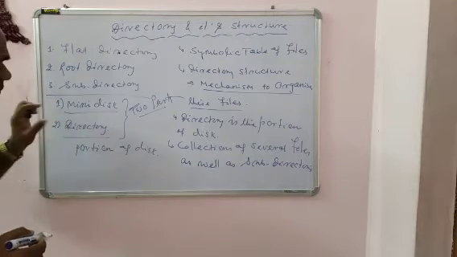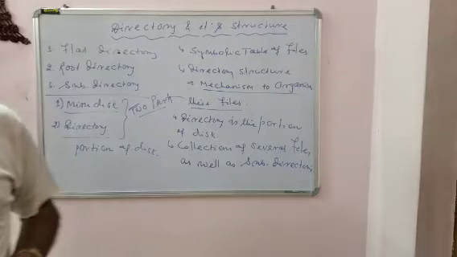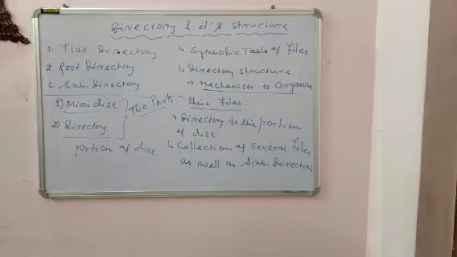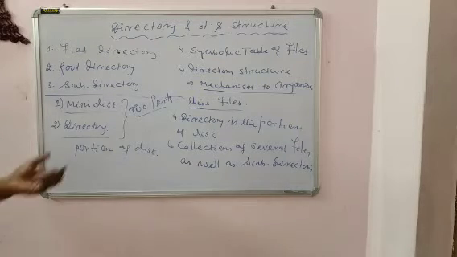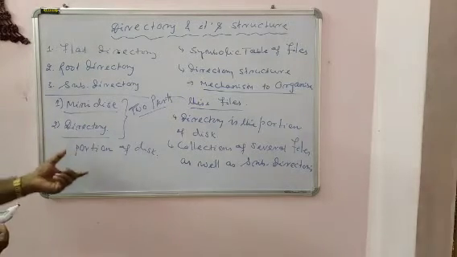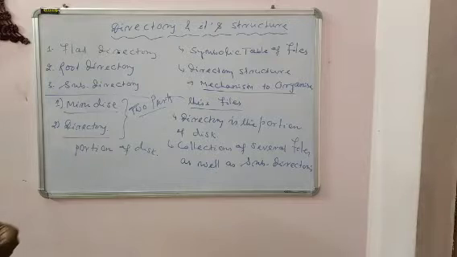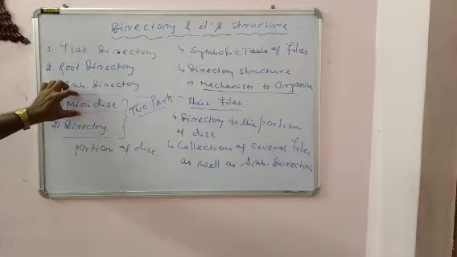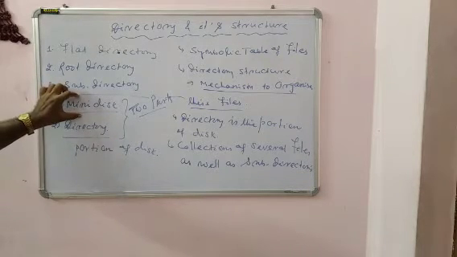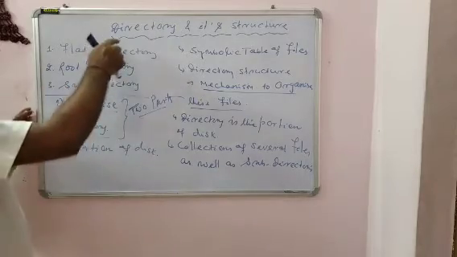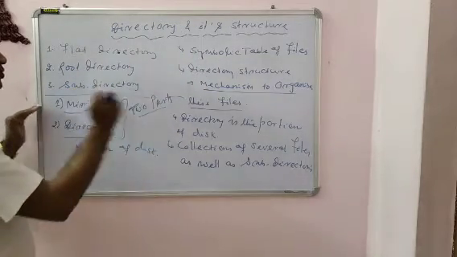Now we study the directories. All this information is kept in the device directory or volume table of contents, that is the directory. This directory contains several files. And the mini disk: the entire hard disk has several portions or parts.